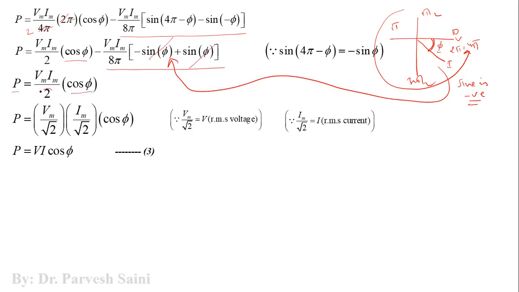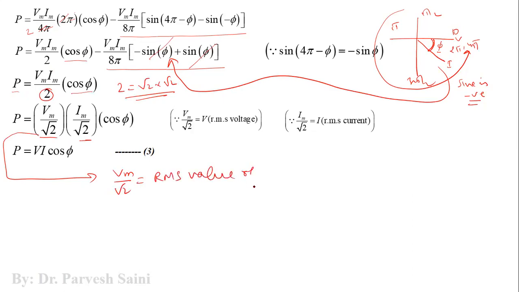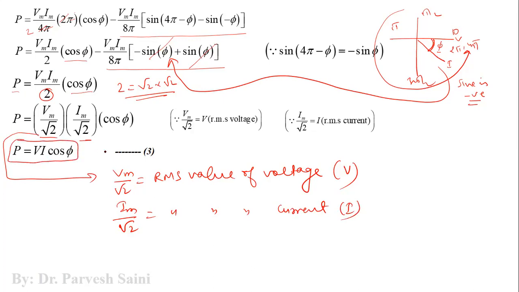If we divide this, 2 can be written as root 2 into root 2. We know that Vm by root 2 is the RMS value of voltage, which is V. Similarly, Im by root 2 is the RMS value of current, which is I. So we have replaced this with these two factors, and we have got equation number 3.